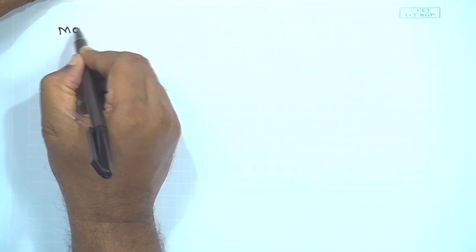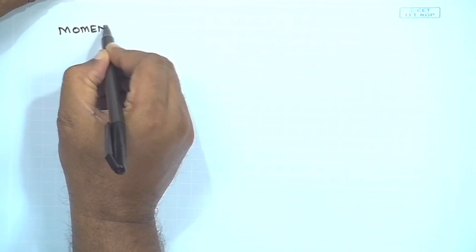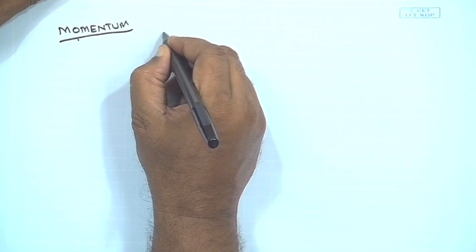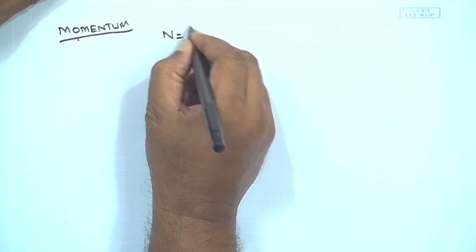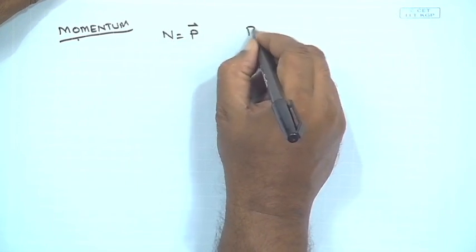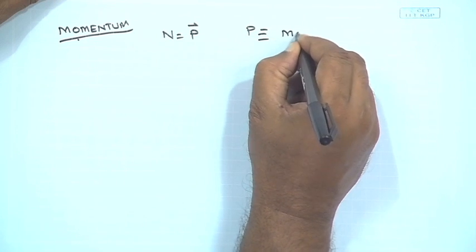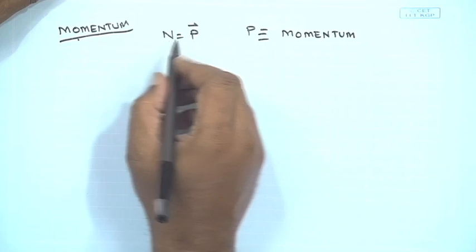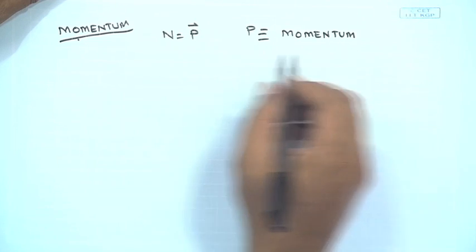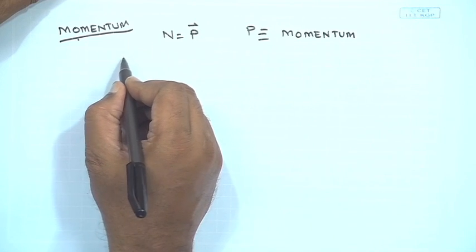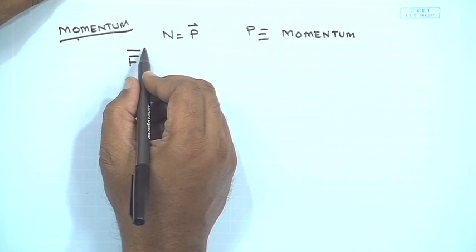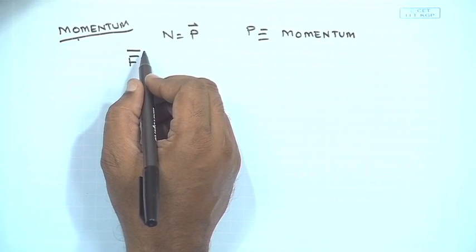For the case of momentum, what we get is N equals p, where p is the momentum. Therefore, the left hand side of the equation is dp dt, and dp dt is essentially the time rate of change of momentum, which is the force.